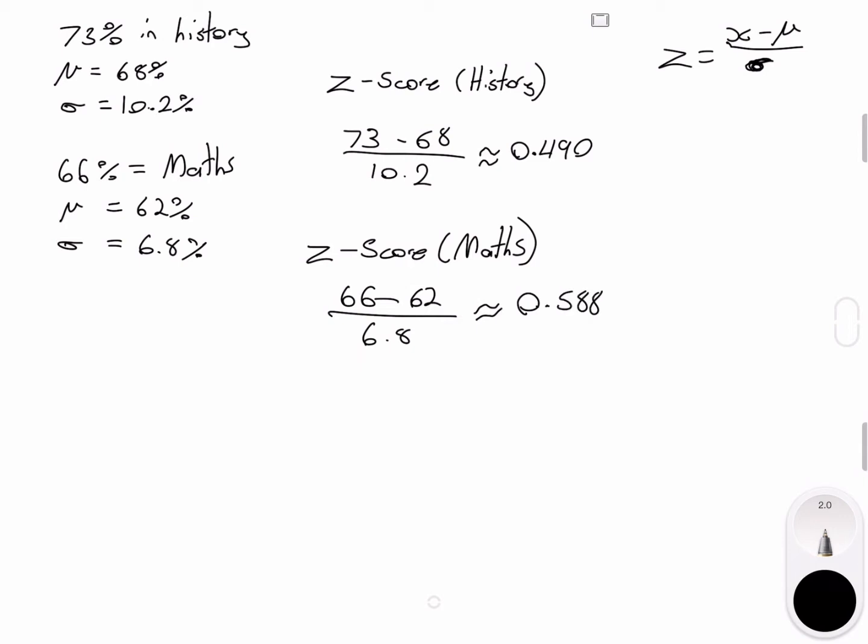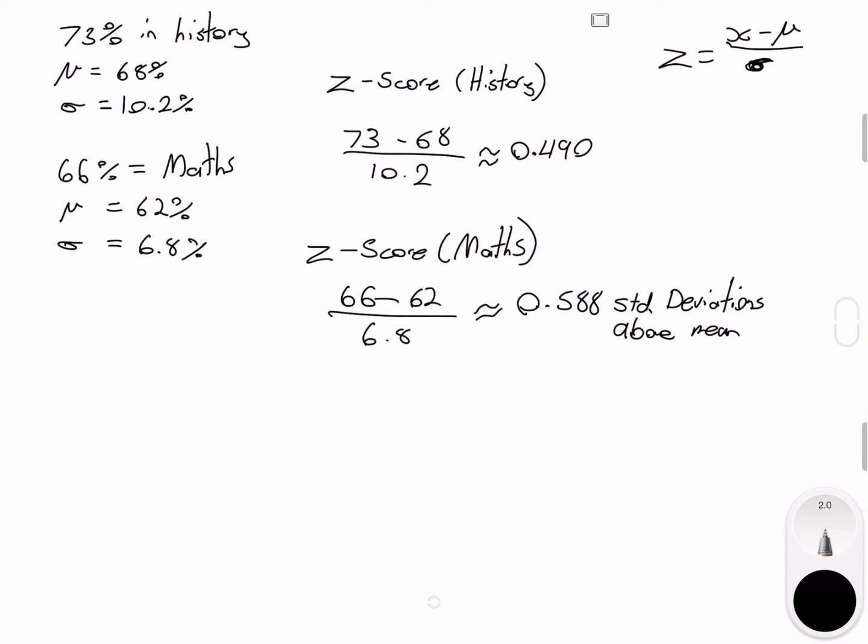So what this means is that in maths, the student's result was 0.588 standard deviations above the mean. And in history, it's the same thing, standard deviations above the mean.